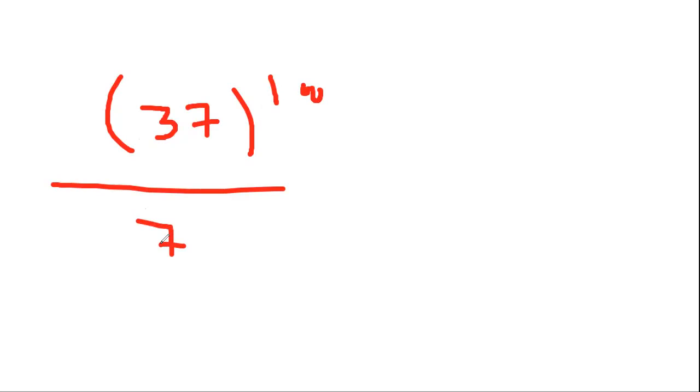Think and tell me the answer. After 7 fives are 35, we'll say the remainder is plus 2 to the power 100.